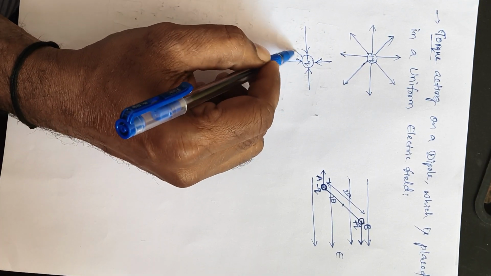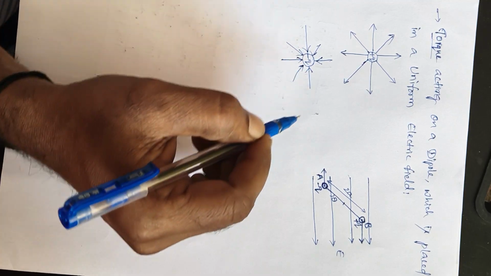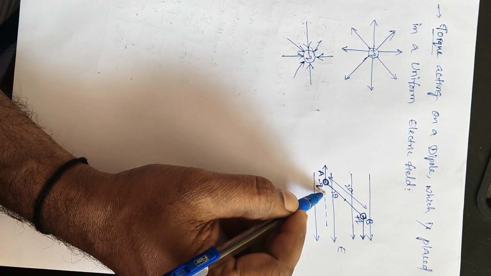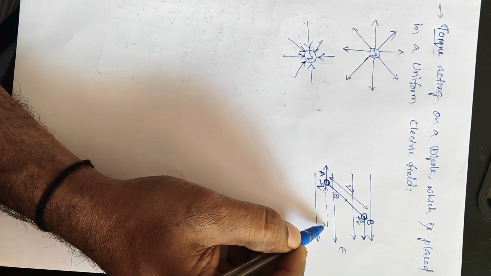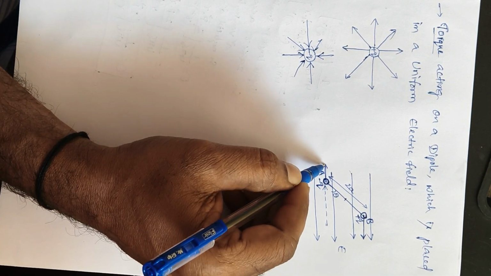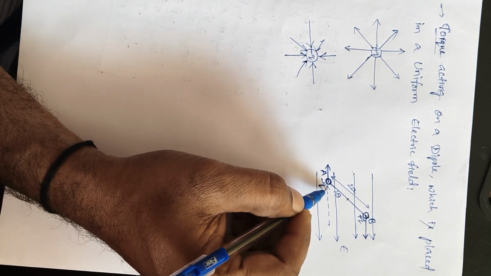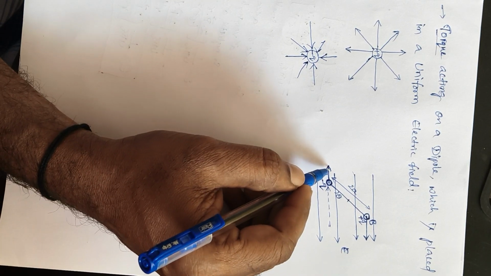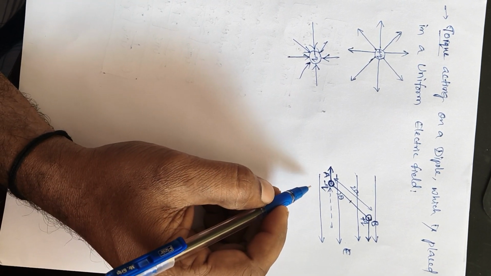Electric field lines are towards the negative charge side. So this vector can be extended up to here. The field line is outward like this, but the force on the negative charge is inward, so it is opposite to the direction of the electric field. That is a very important point.